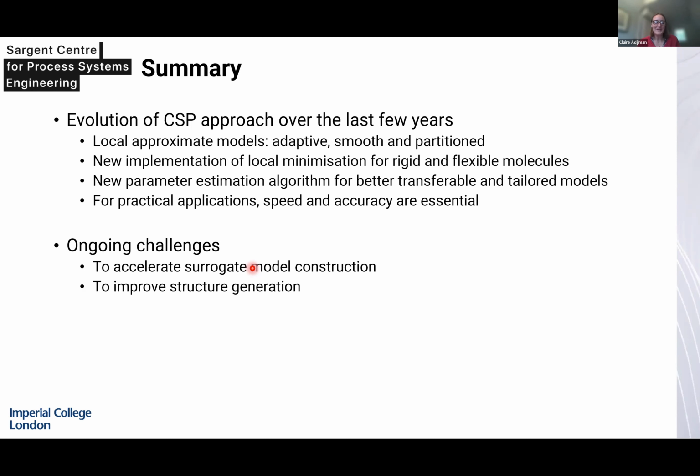Okay, so I'll start with the last question. Yes, they're absolutely relevant for the pharmaceutical industry. I think the most we've gone is to Z' 4, so there's no theoretical limit to the number of molecules in the asymmetric unit in the method that we have. The challenge is that you have a much bigger space of possible crystal structures, so you need even more efficiency there.